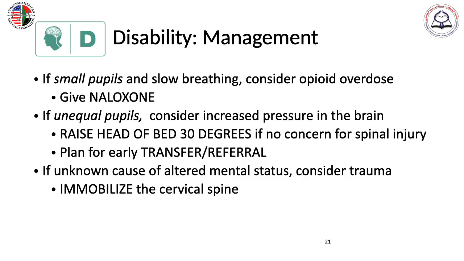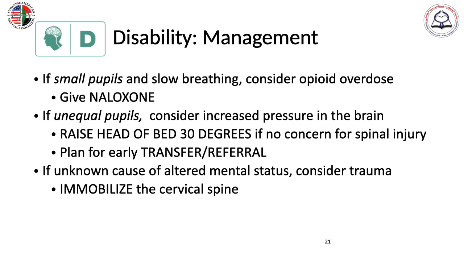If pupil are small, and the patient have slow or sluggish breathing, consider opiate overdose and consider giving them antidote, which is naloxone. And also, when you are suspecting benzodiazepine overdose, you can give flumazenil. If unequal pupil, consider increased pressure in the brain, they probably raise intracranial pressure.